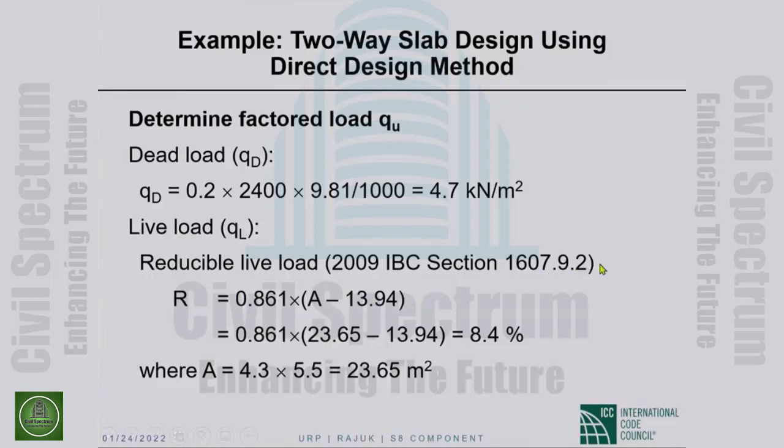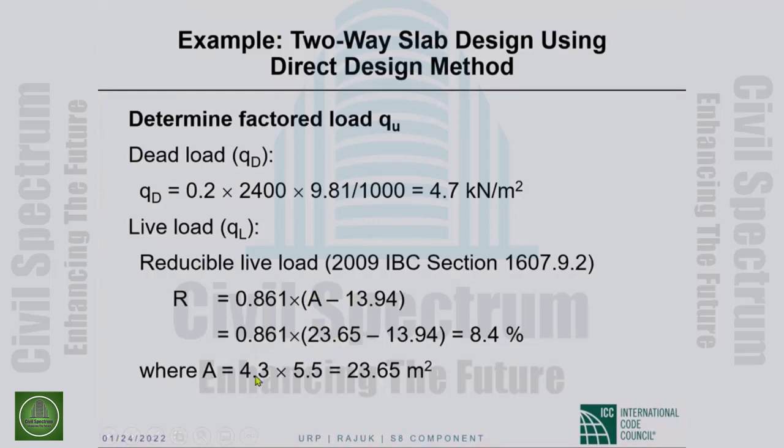I should have given you the BNBC section number. Anyway, we get 8.4% live load reduction for our tributary area, which is 5.5 times 4.3.